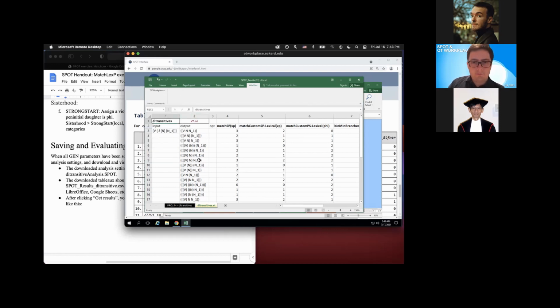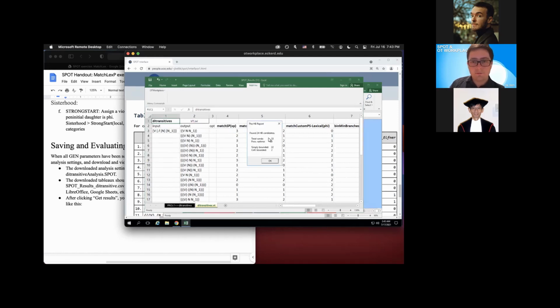Now that we have the project started, the next thing we want to do is do OTWorkplace factorial typology. And then we click on fact type calculate. So again, factorial typology, fact type calculate.